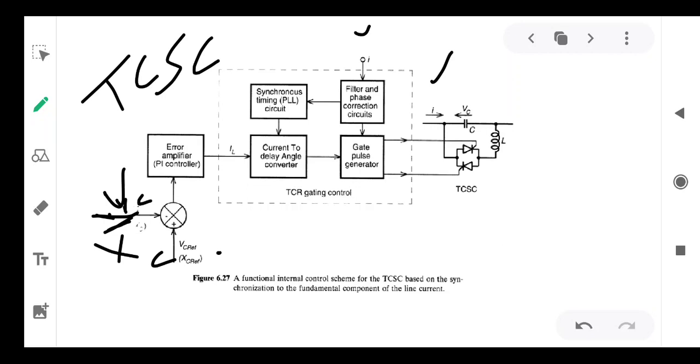The error signal is given here. This error signal is given to the error amplifier, PI amplifier, from which the required IL is obtained. This is the TCR current.